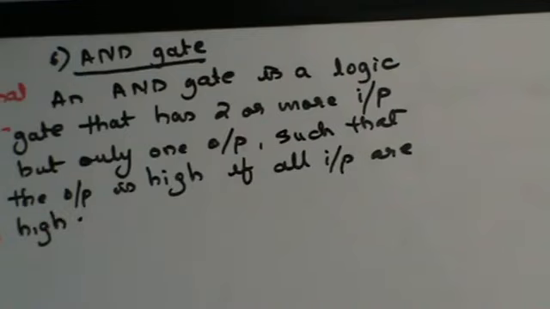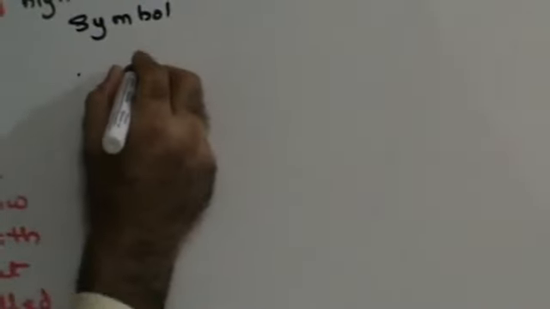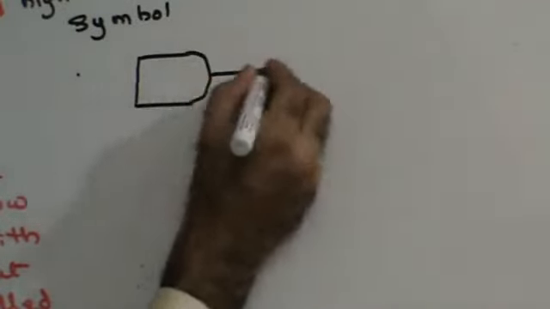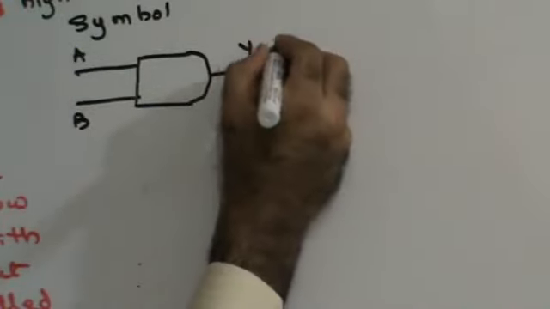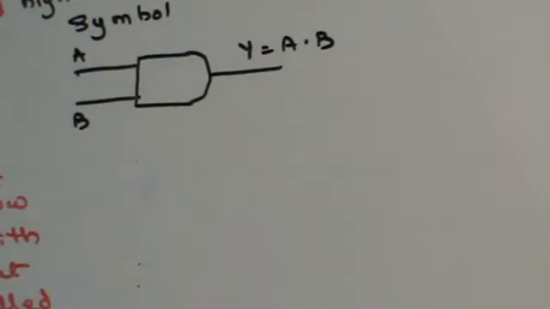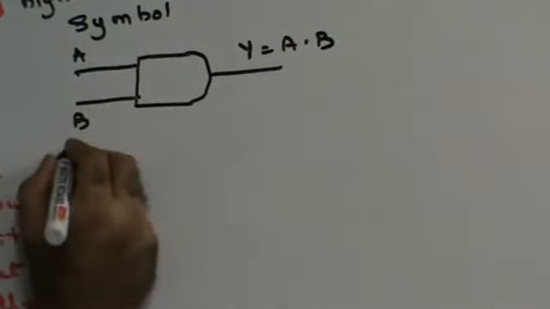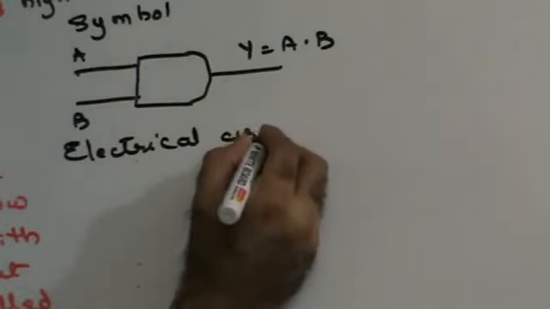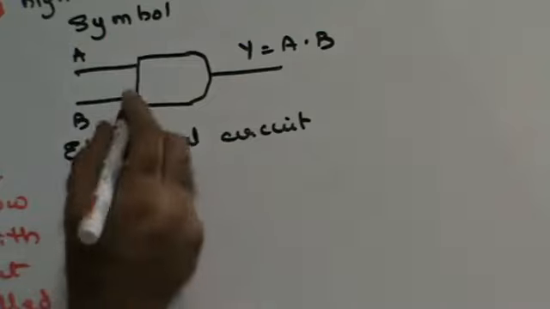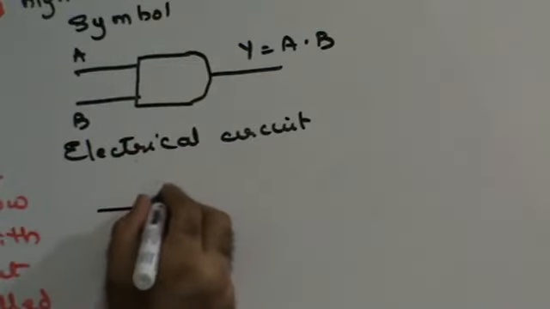Fine, do we get this in here? Now let's see the symbol for an AND gate. These are your two inputs, A, B. This is your single output Y, which is A and B. The electrical circuit for this is a series circuit.